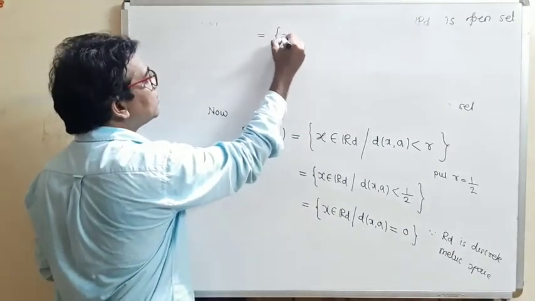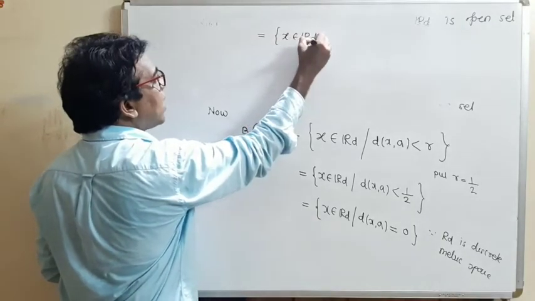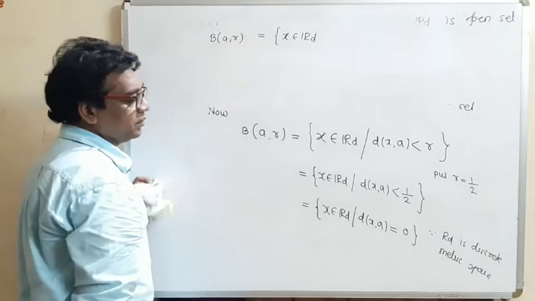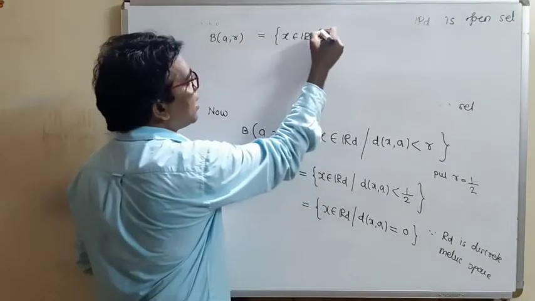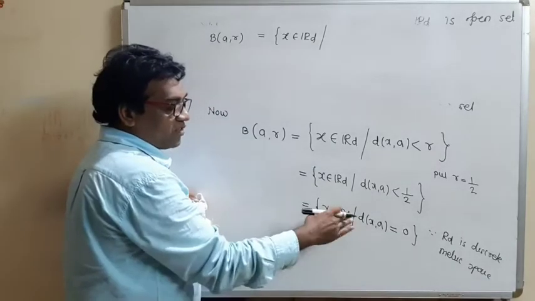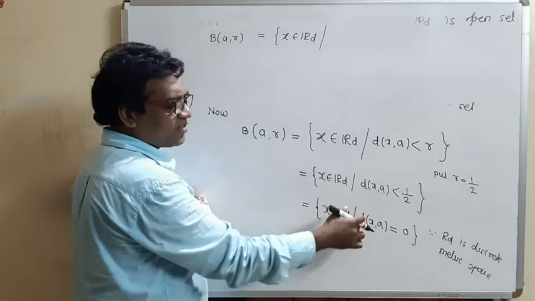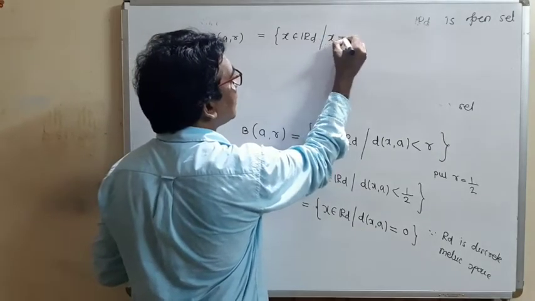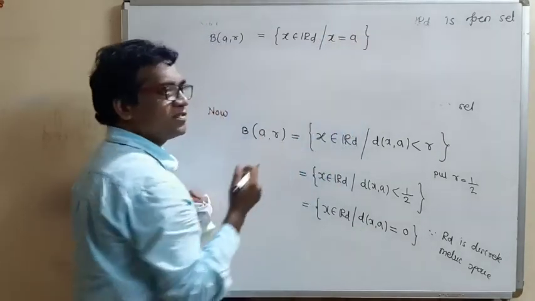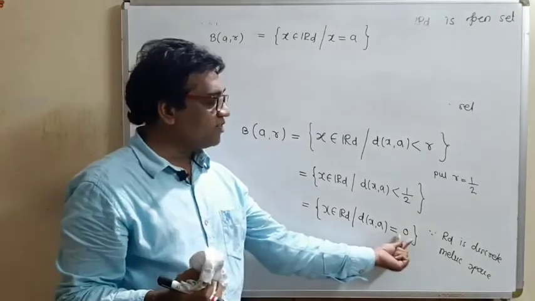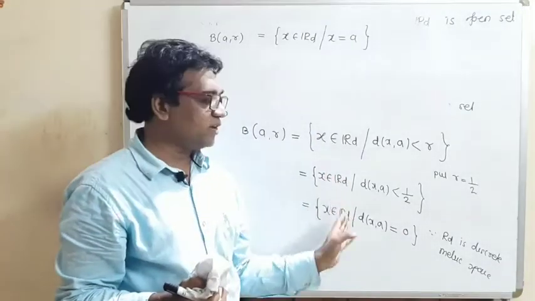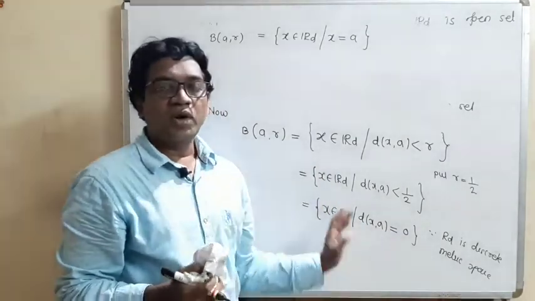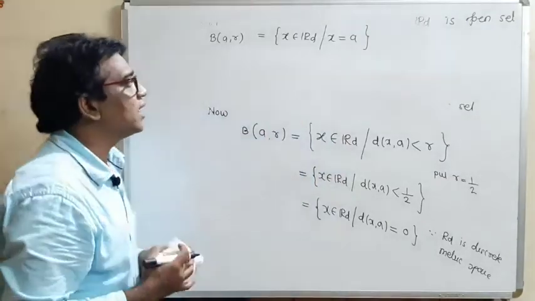This is equal to the set of all X in RD, this is our left hand side B(A, R), equal to the set of all X in RD such that distance between X and A equals 0. Distance is 0 means they are the same point, so this implies that X equals A. This is the definition of discrete metric. Distance 0 means they are the same point, and distance 1 means they are different points. We have this condition that distance equals 0, which obviously means they are the same point.